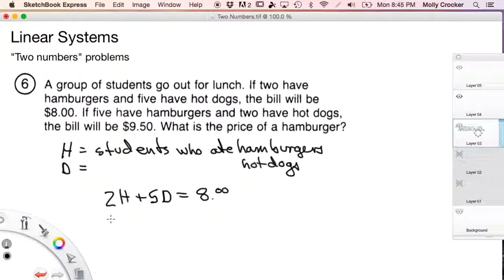If 5 have hamburgers, 5H, and 2 have hot dogs, the bill will be $9.50. Okay, you may decide what to do with this. I would multiply and add, and your common multiple for either H's or D's is going to be 10. So, have at it. That's how you work out two number problems.